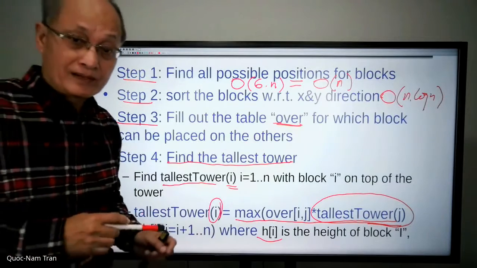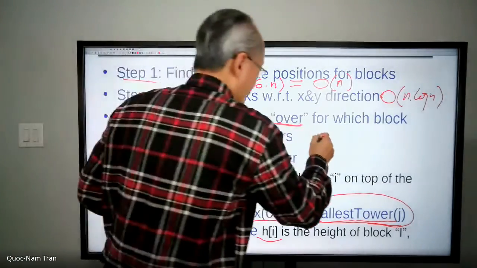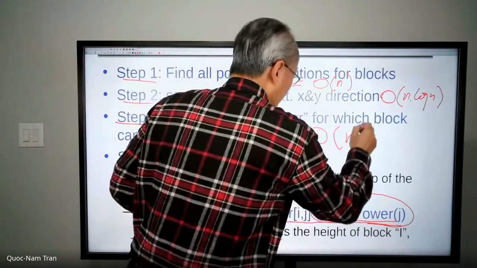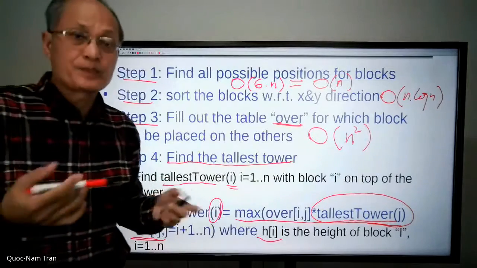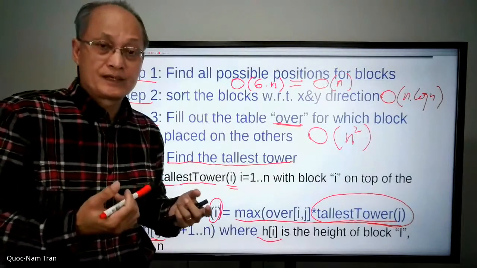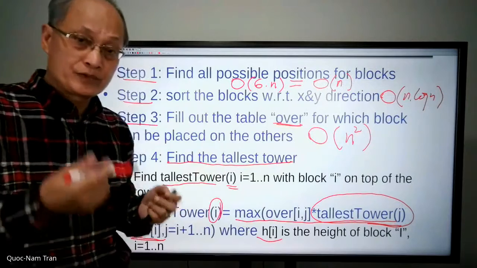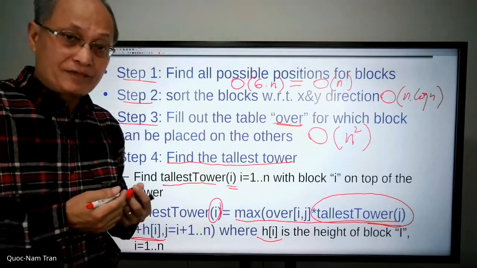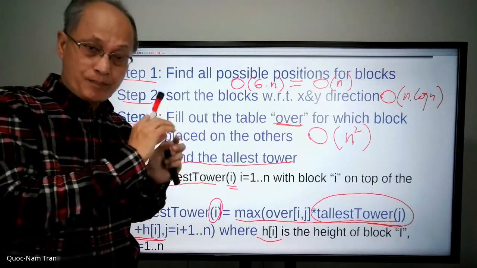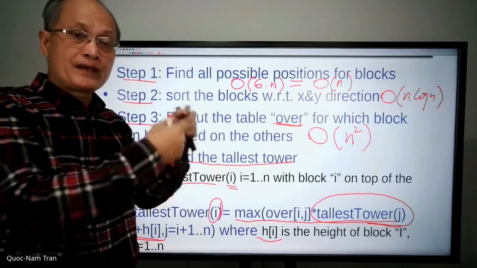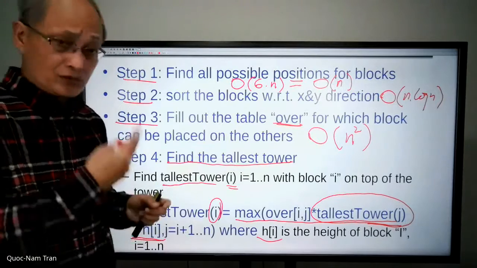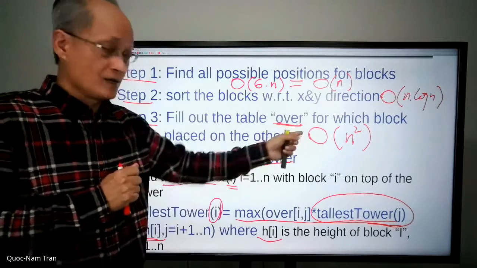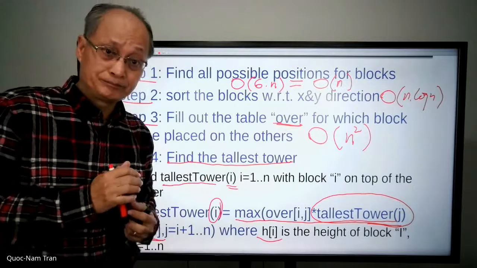Big O n square. Yeah, very good. Because you have n square, more precisely n square over 2, number of cells we have to check, right? And then for each pair, we have to compare the x and the y values. So it's about 2 times n square, and it's also big O n square, right?